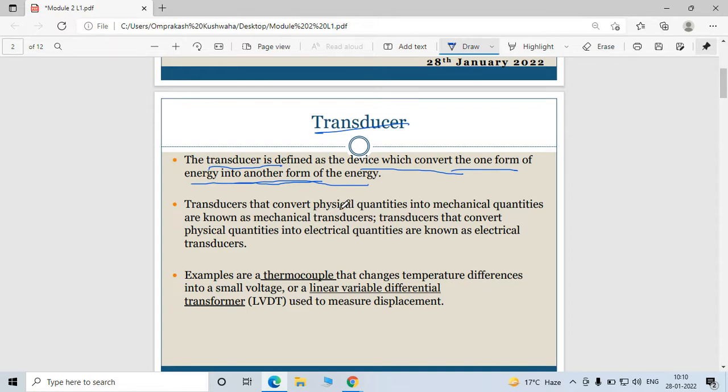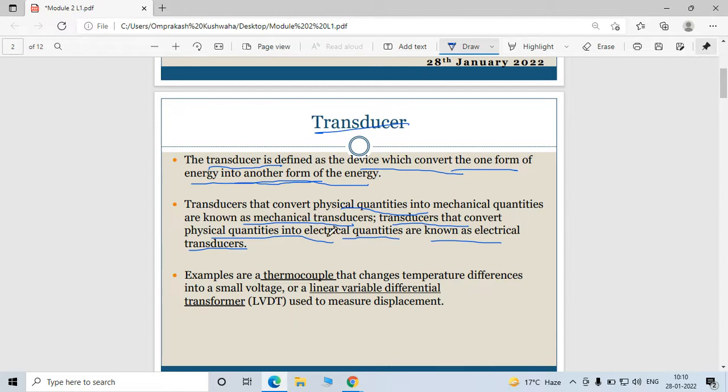Transducers that convert a physical quantity into a mechanical quantity are known as mechanical transducers, and those that convert a physical quantity into electrical quantities are known as electrical transducers. So you can categorize transducers into two categories: first is mechanical transducer, another is electrical transducer. It does not depend on your input side.